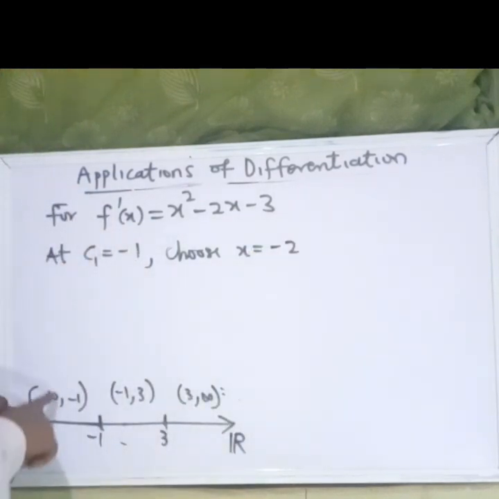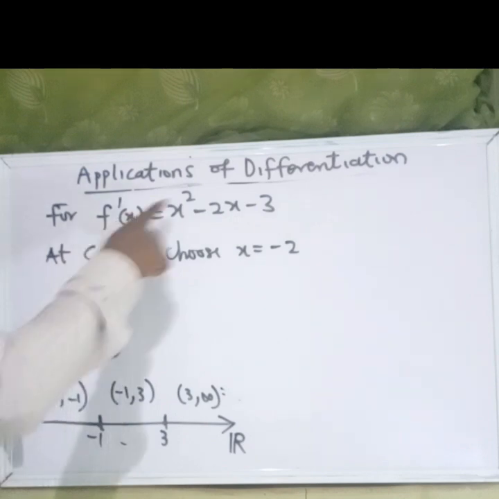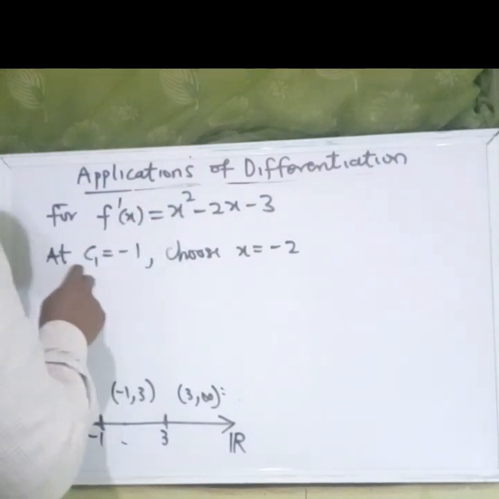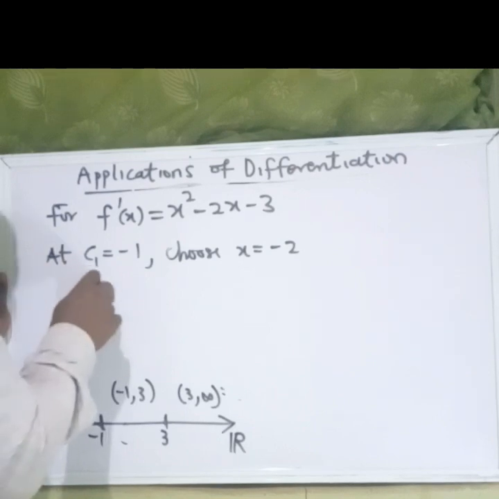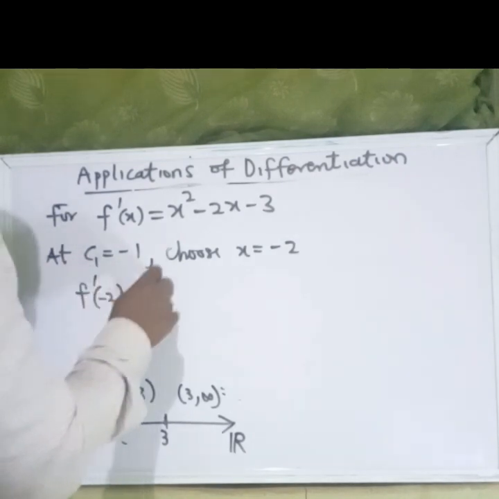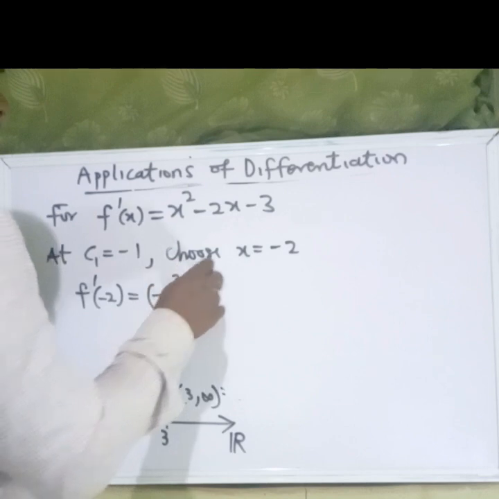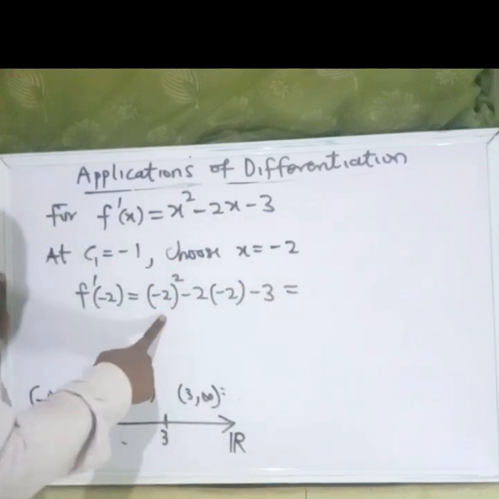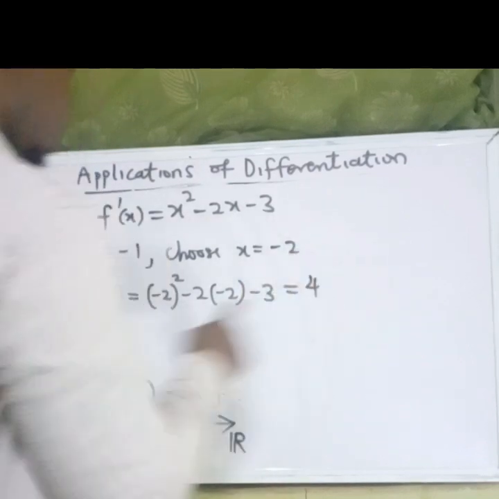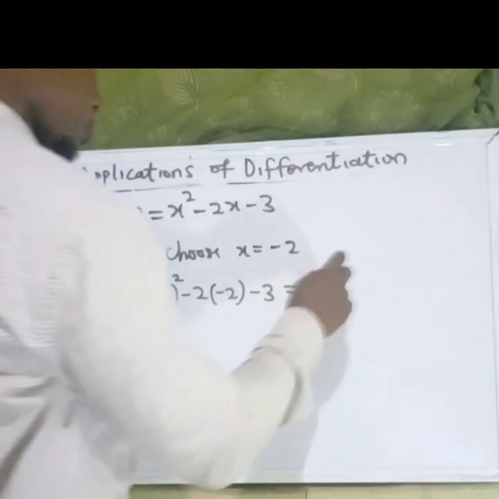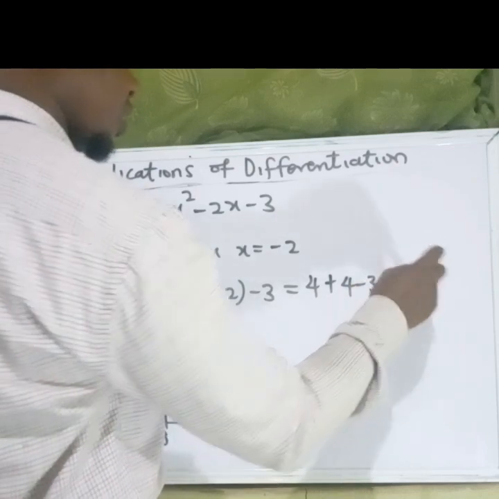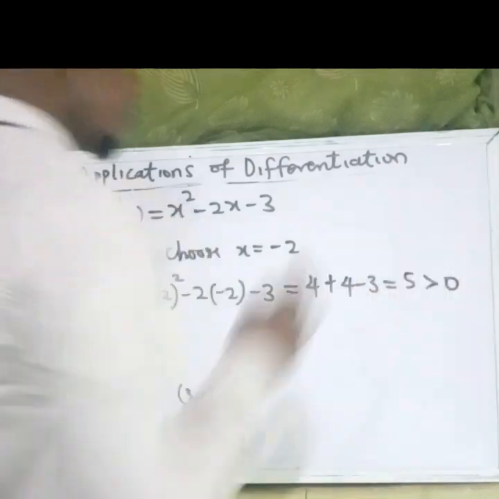Don't forget we are choosing the first point here. So f prime of -2 will be equal to -2 square minus 2 times -2 minus 3. This is 4, and this is also 4, minus 3. So this is 8 minus 3, that's 5, and this is positive.